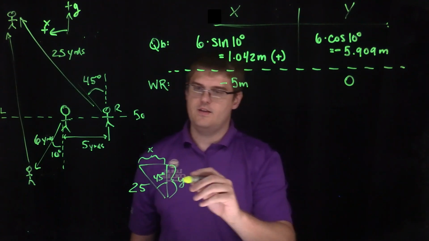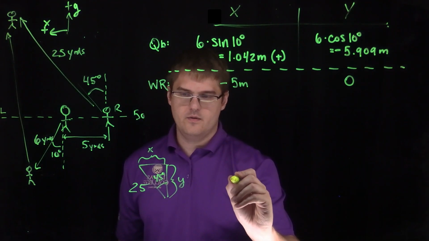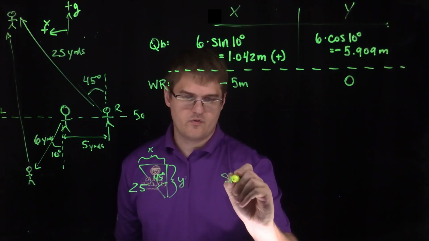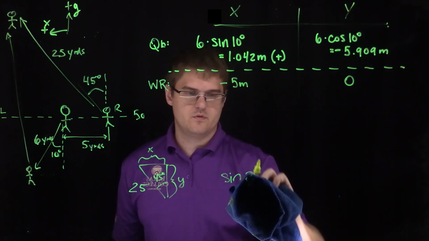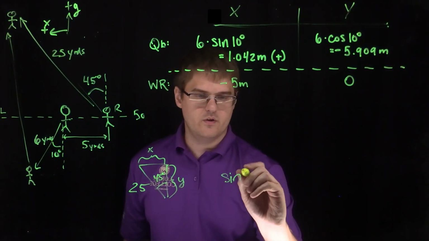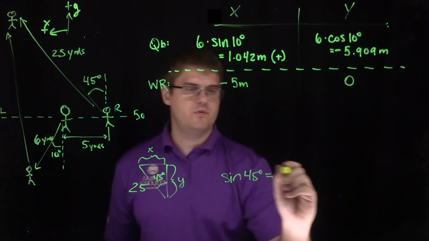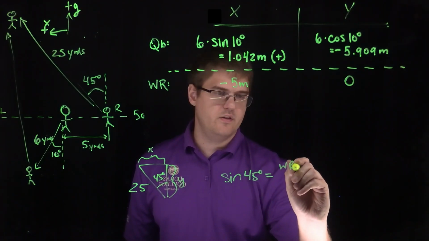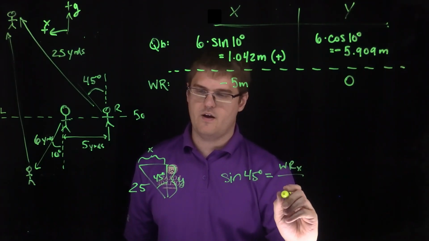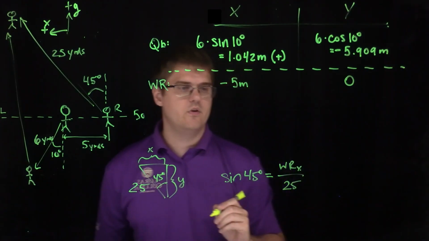So the portion in the x is going to be the sine of 45 degrees, which is opposite, which is my wide receiver in the x divided by hypotenuse, which is 25.